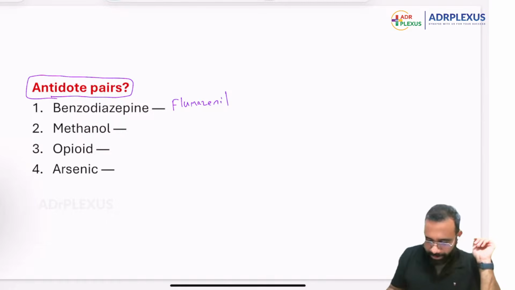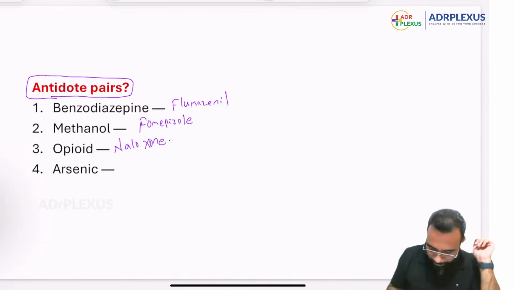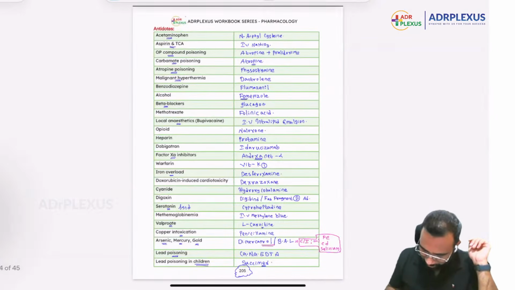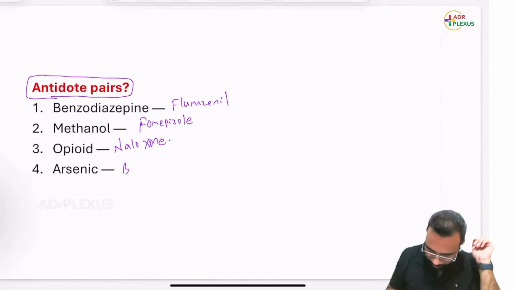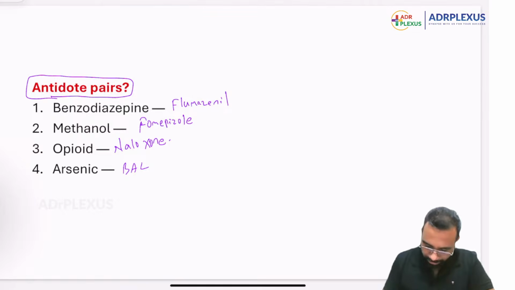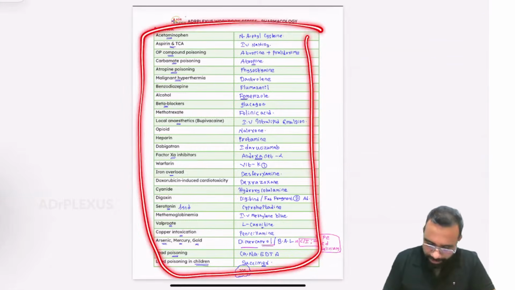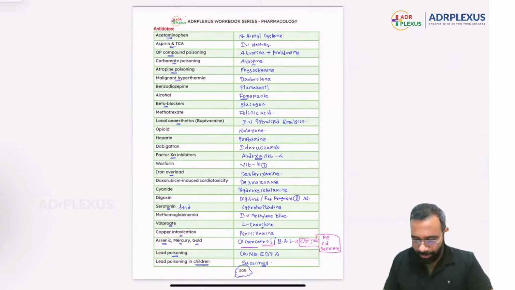Match the following: methanol or alcohol poisoning, fomepizole; opioid, naloxone; arsenic poisoning, BAL. This is the antidote pair as a match the following. These are the correct answers. I told you many times, for INI these antidotes are a very, very important topic. That's all about antidotes.